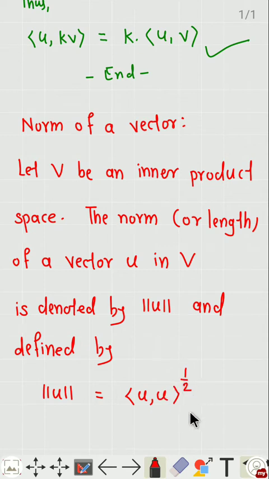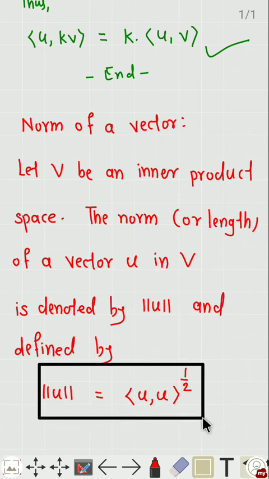Okay, so this is the definition of length of a vector in terms of inner product, or the norm of a vector in terms of inner product. So keep in mind this definition.